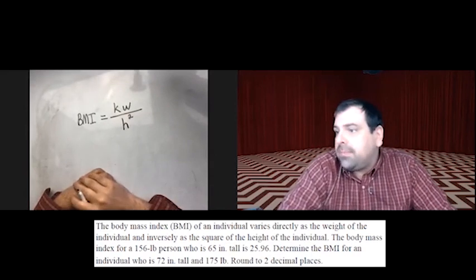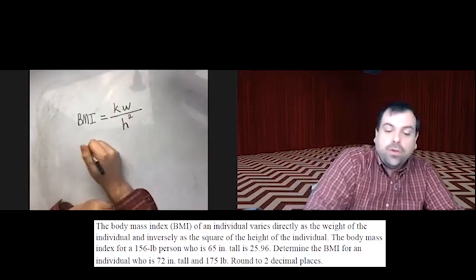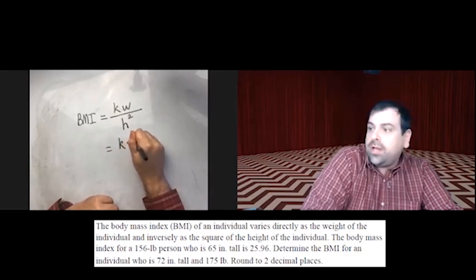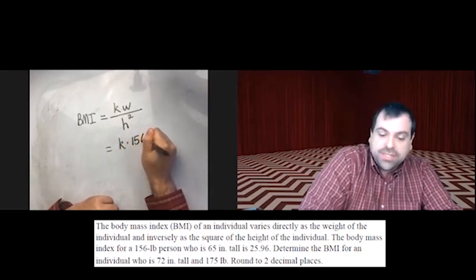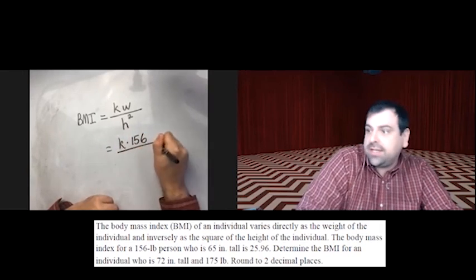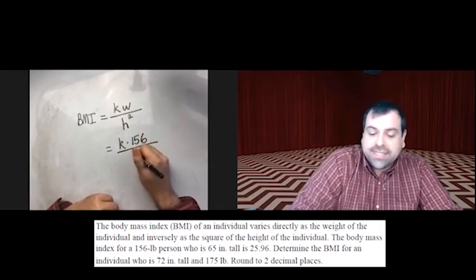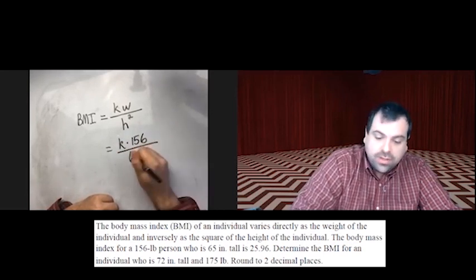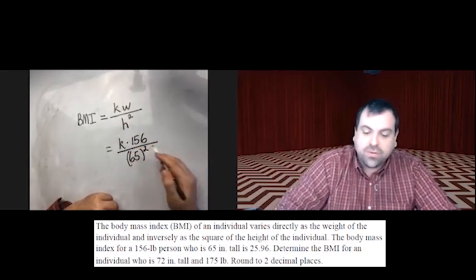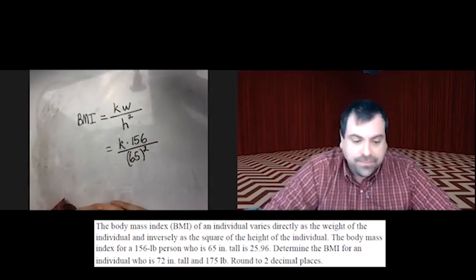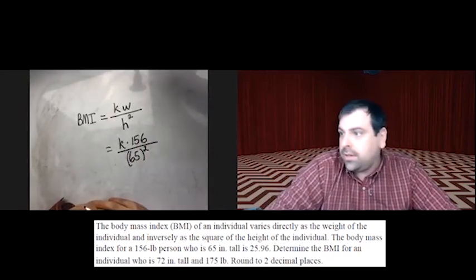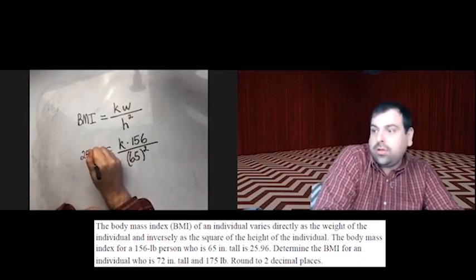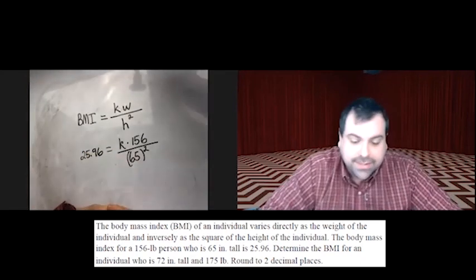Then we're told the body mass index for a 156-pound person, so when W is 156, who is 65 inches tall, so 65 squared, square of the height, is 25.96.